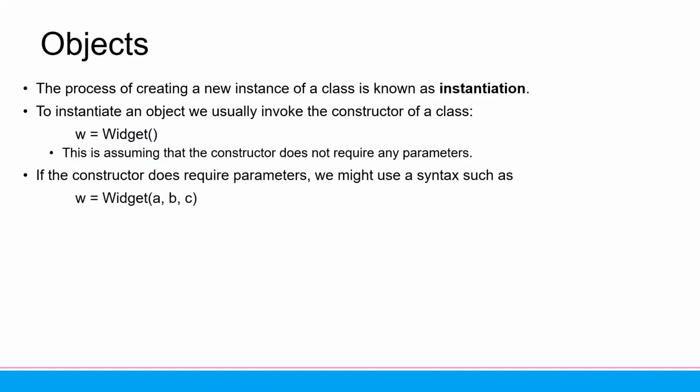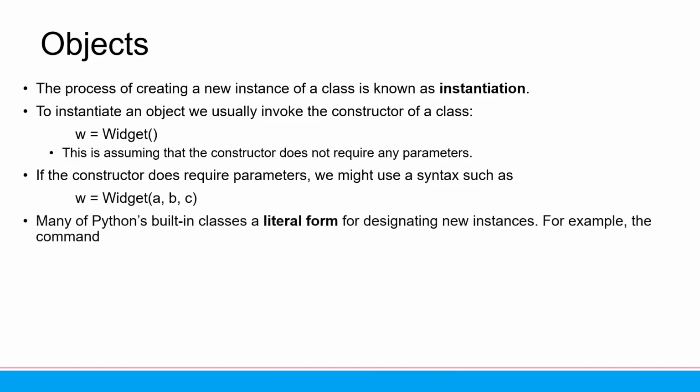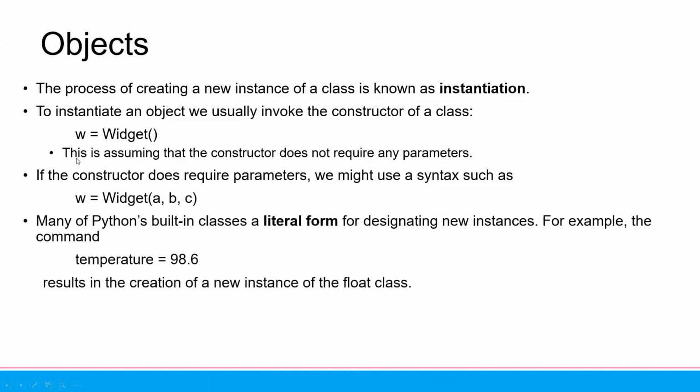As I explained, in the parentheses, we will have some values for the parameters. And many built-in classes in Python have a literal form for designating a new instance. We have temperature equals 98.6. What does it mean? Actually, it is the creation of a new instance of the float class.